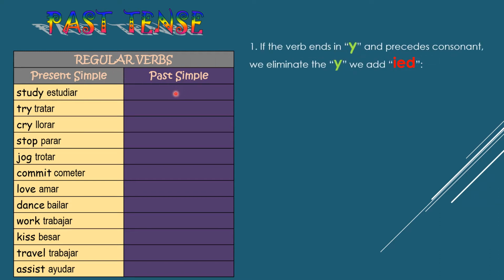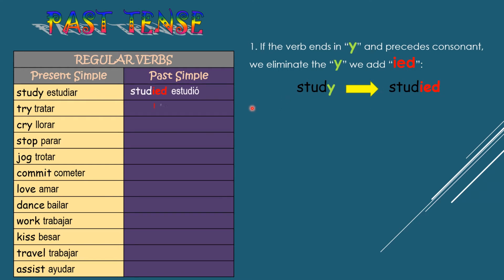First, if the verb ends in Y and is preceded by a consonant, we eliminate Y and we add IED. For example, study, notice, we find a consonant before the Y. In this part, the letter Y disappears and we add ed, and you say studied.